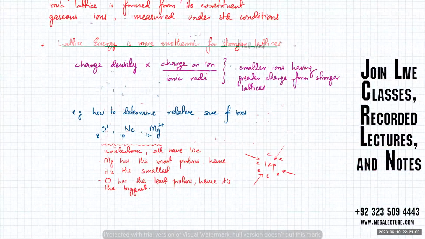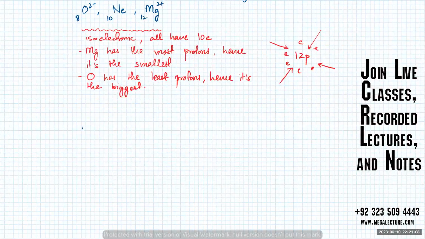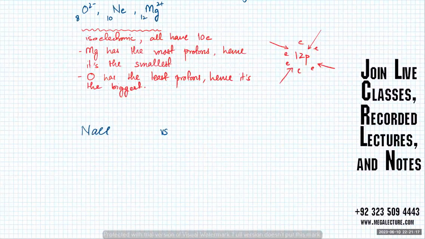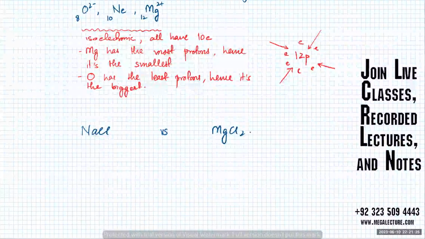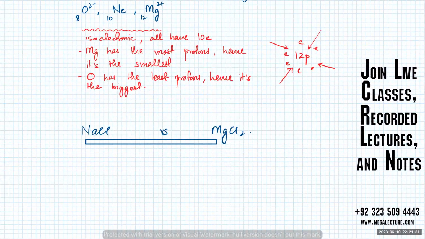So if you're going to compare NaCl versus MgCl2, who's got the stronger lattice? Is it MgCl2? And why? Because Mg has a higher charge, 2 plus, whereas Na and Cl have 1 plus and 1 minus.